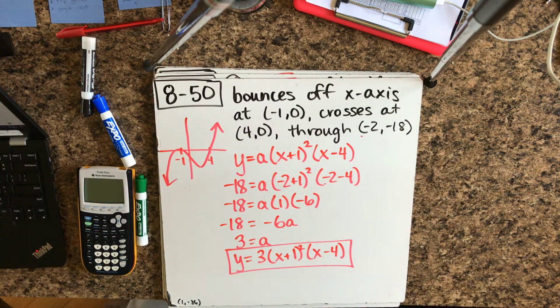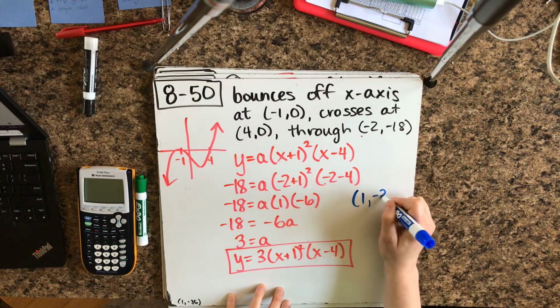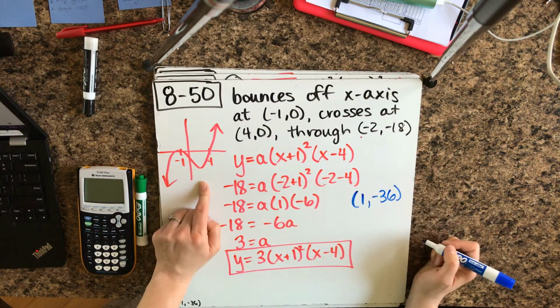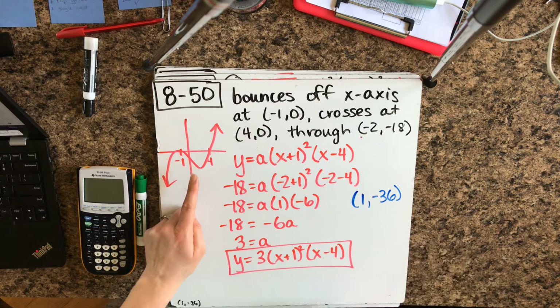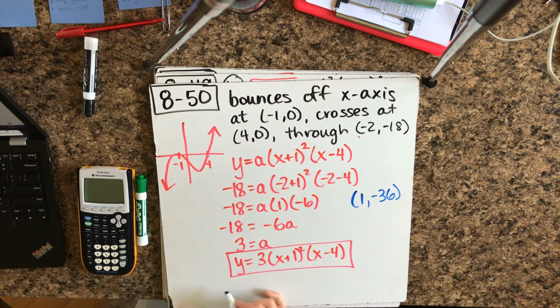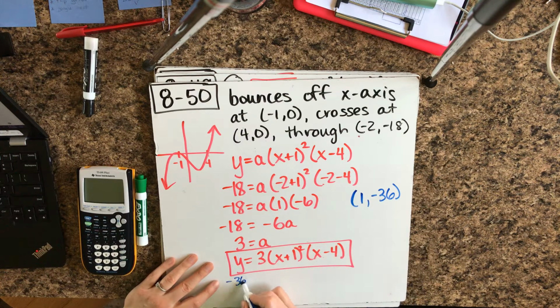Okay. Now, 8-51 asks me, no, we're going to skip 8-51, but 8-52 asks me, will 1, -36 be on this graph? And if I look, 1, -6, well, maybe. I don't know, but let's check it out and test it in here. The y value is -36.